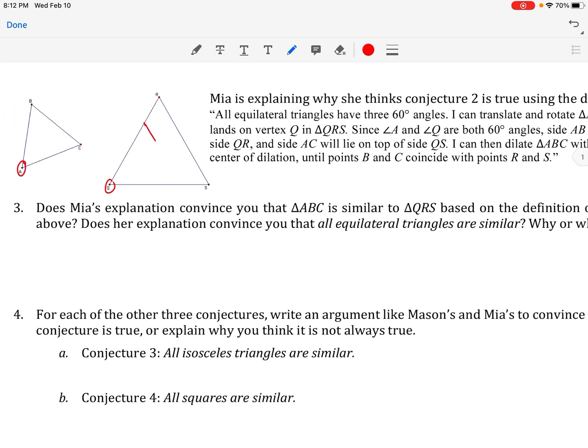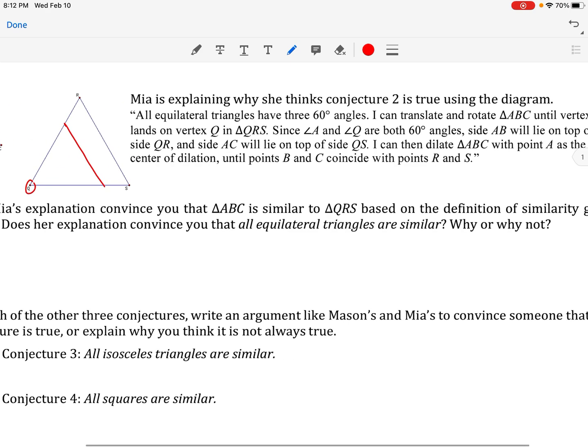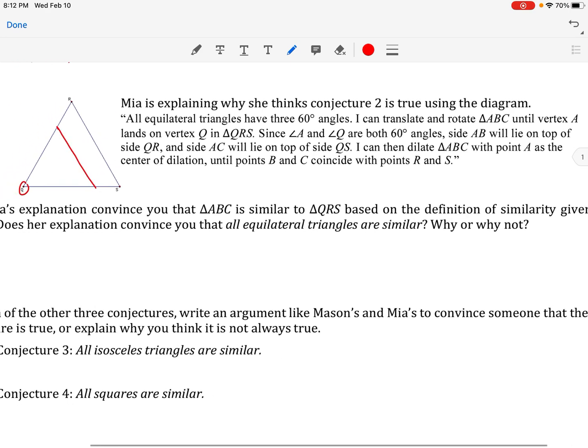So we're going to fit it in the corner over here. Then she says she is going to dilate it, with A as the center of dilation, and stretch this out this way, this out this way. So it ends up landing on top of the bigger triangle.